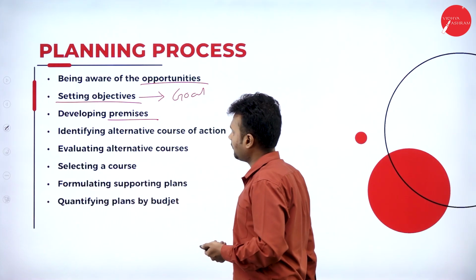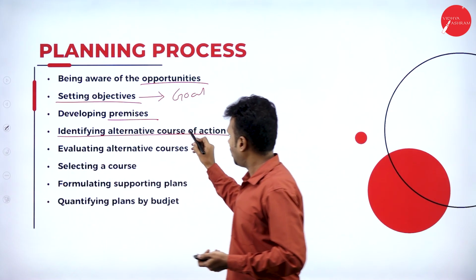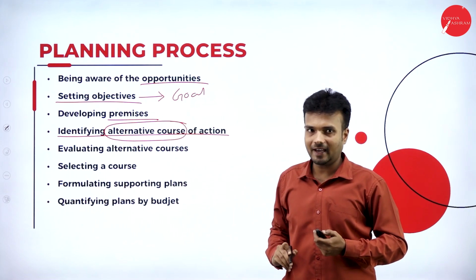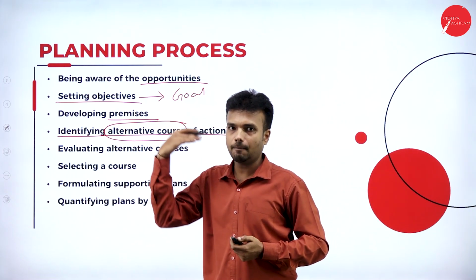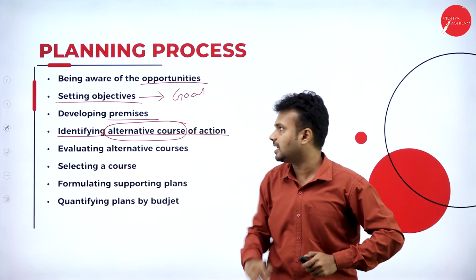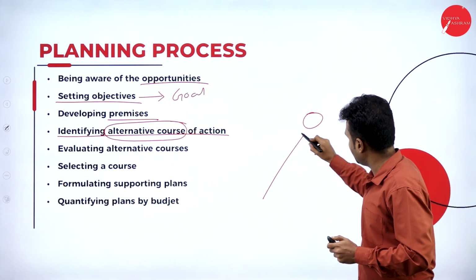Identifying the alternative course of action. Here we are supposed to identify the alternative courses of action, not a single course of action. For example, I want to reach a particular goal, and I am supposed to fix 4 ways to reach it. This is my ultimate goal, so I am not supposed to go in a single way.